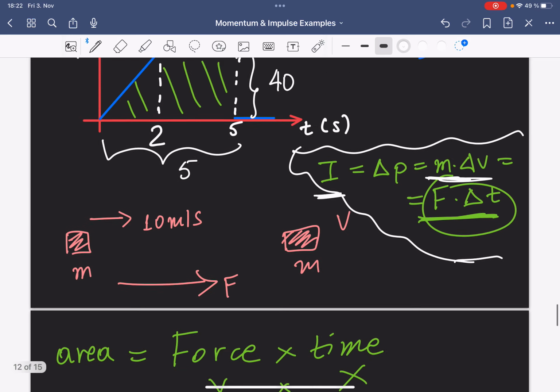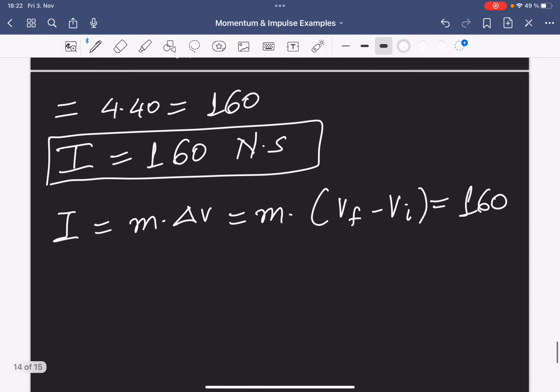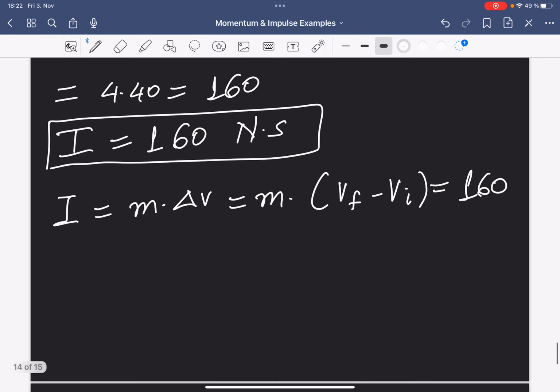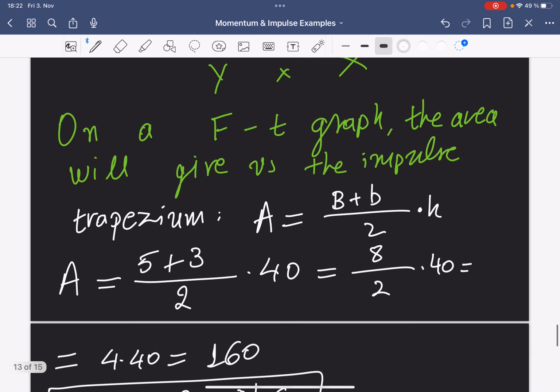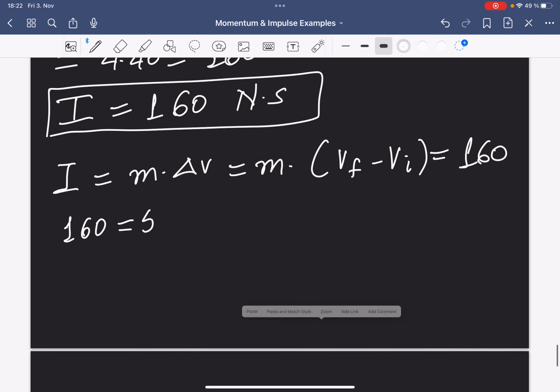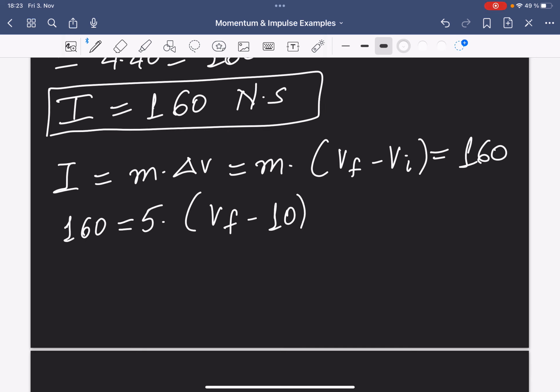Now the mass is given as 5 kilograms and the initial velocity is given as 10 meters per second. So we have that 160 is equal to, I forgot the mass, 5 times VF, which is what we're looking for, minus 10.